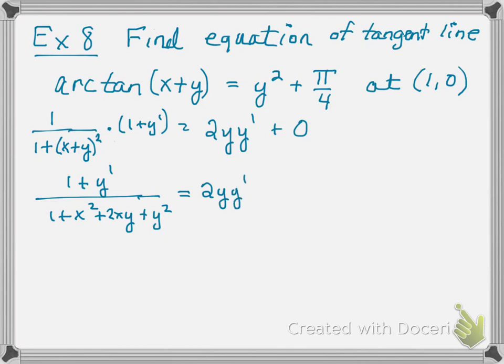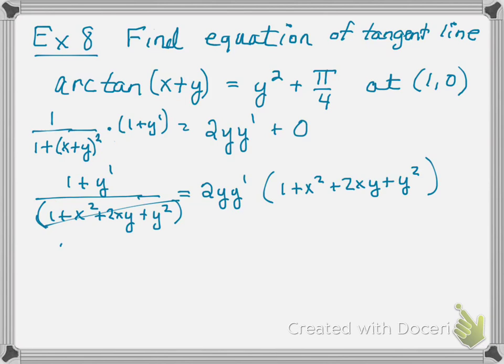So to get rid of the fraction on this thing, let's multiply both sides times this crazy thing down here. So if I multiply both sides times that, I'm going to have 1 plus x squared plus 2xy plus y squared over here, and this one will cancel when I do that.